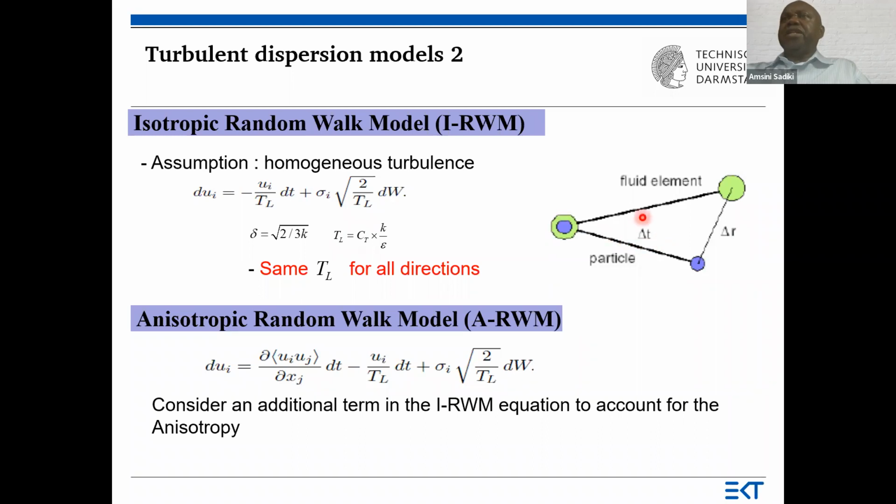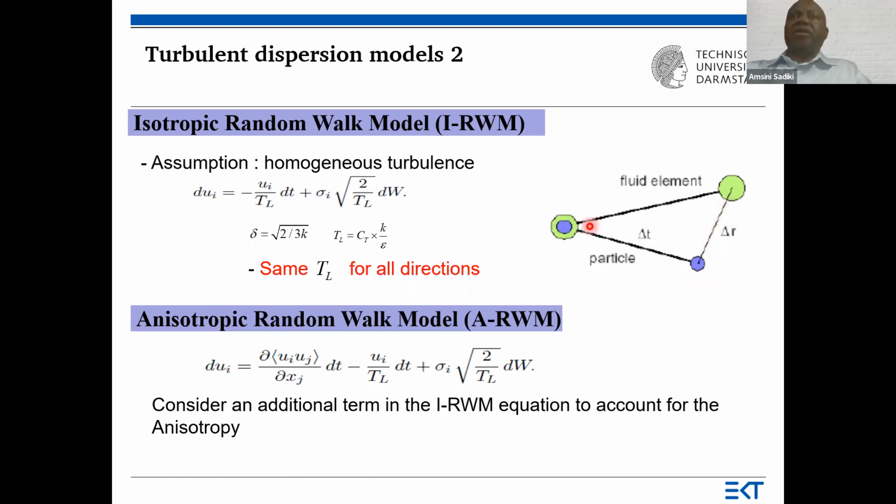And after a time delta t, the particle is, for example, in this position, and the structure is there. We have to account for the memory effect, and we account for different times, the Lagrangian time, and here the Eulerian time.